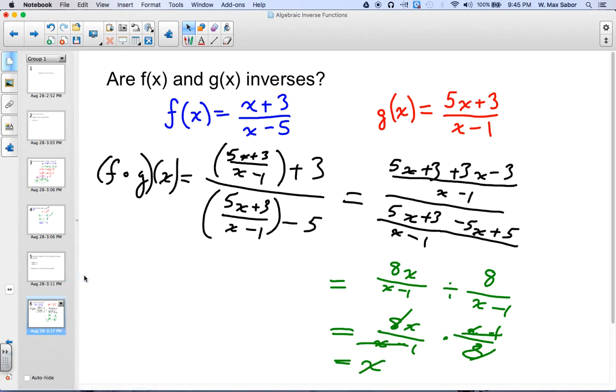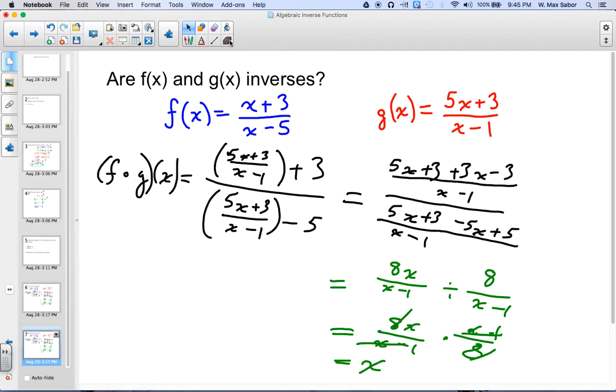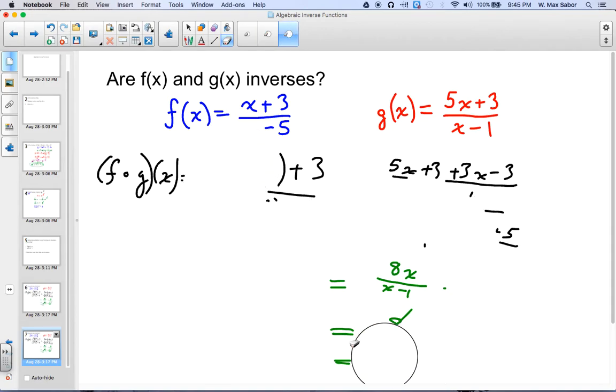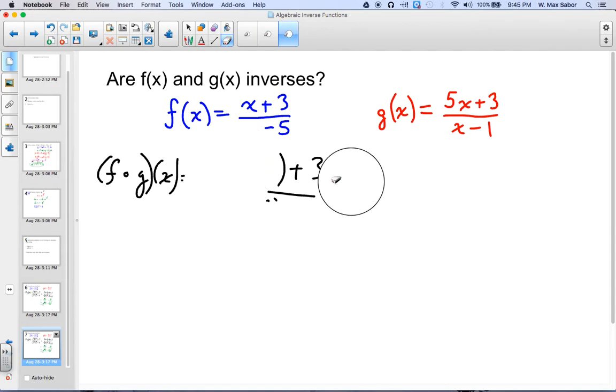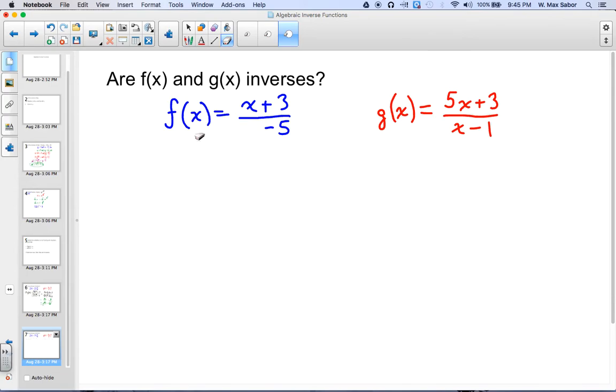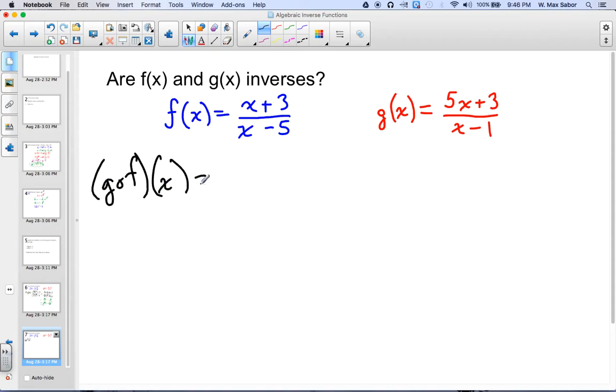Now we have to do this again, but instead of looking for whether f of g is x, we have to see whether g of f is also x. So g of f of x, again, we're going to use our composing functions.